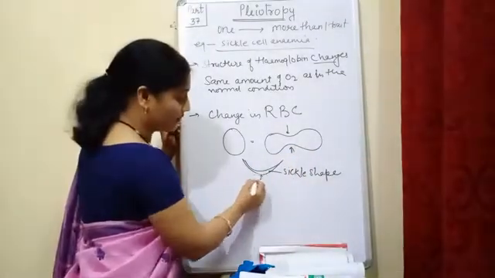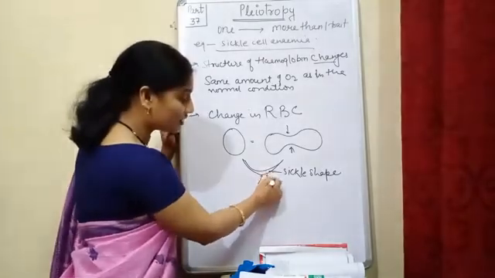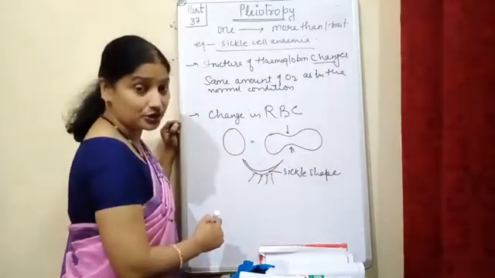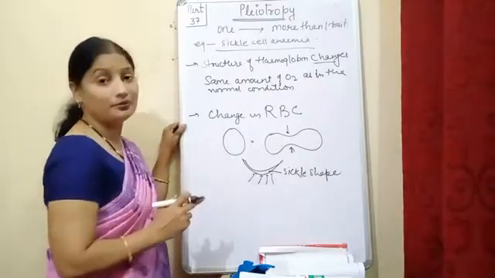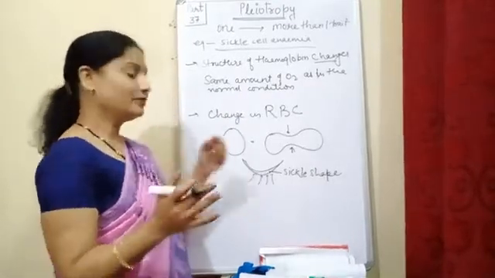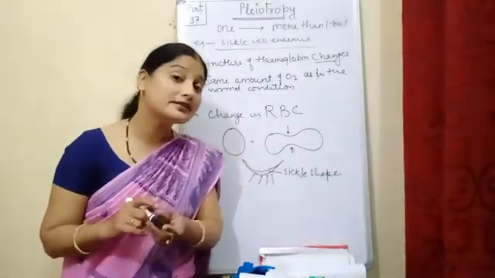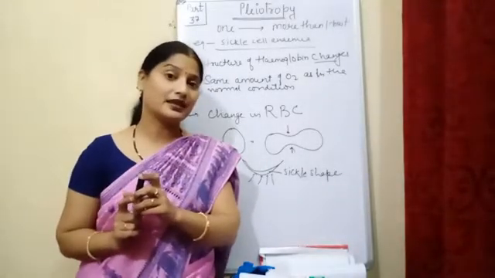Now, a person will not be able to carry the oxygen from this side, and that's why these type of persons die early. But there is one problem, or not problem, we can say that these type of persons develop a resistance against the malaria. Clear?